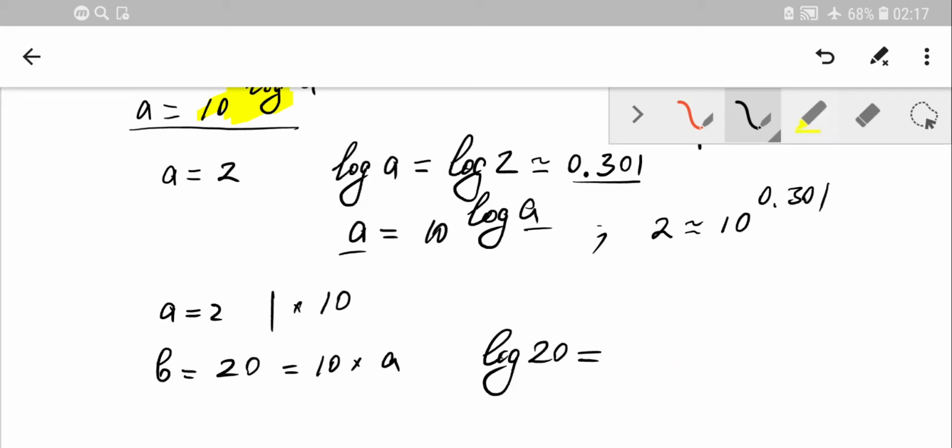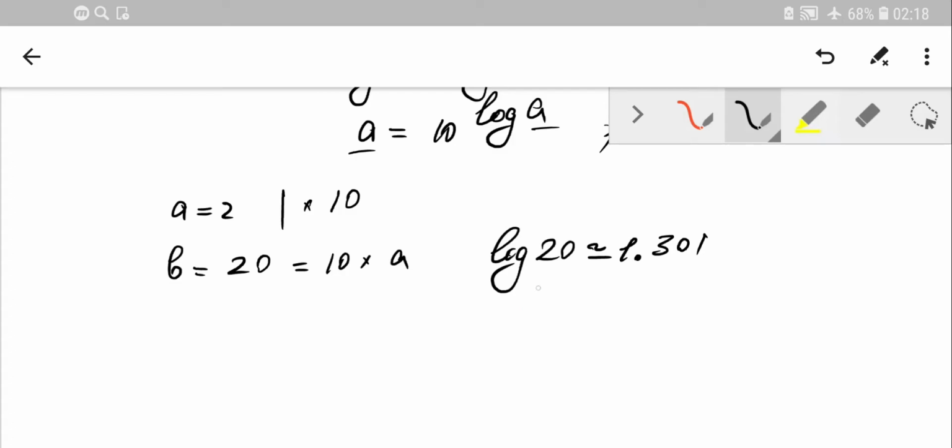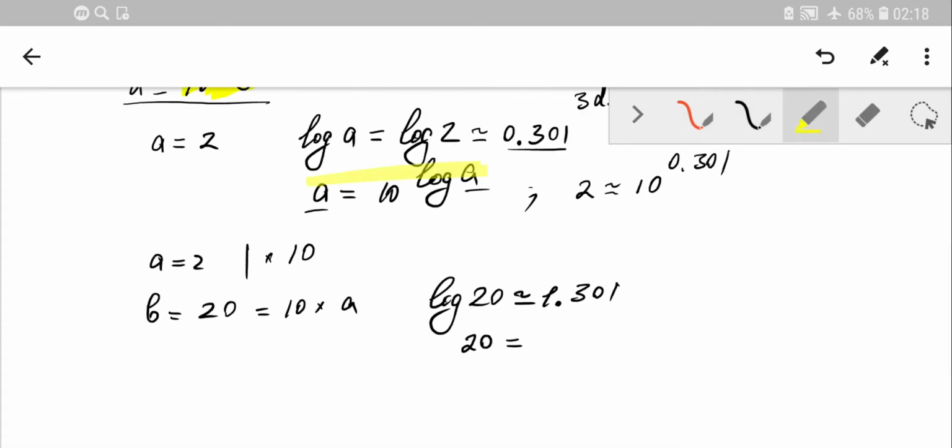We use a calculator and we'll get approximately 1.301. Okay, so what we can do now is simply say that 20, using the property again for logs, is 10 to the power 1.301. Cool stuff. All right, so we can take any number and represent it as 10 to some power.